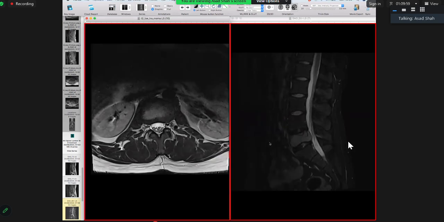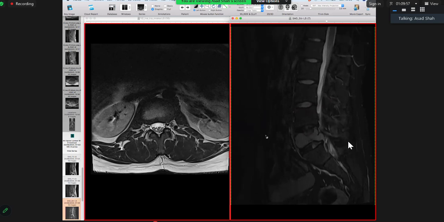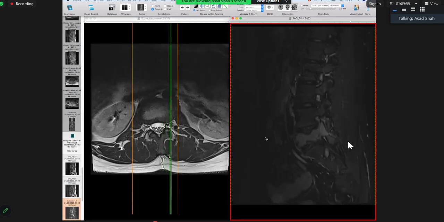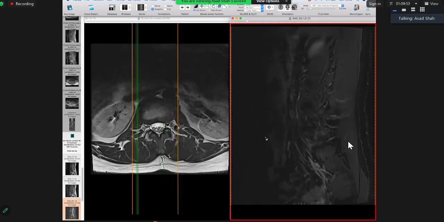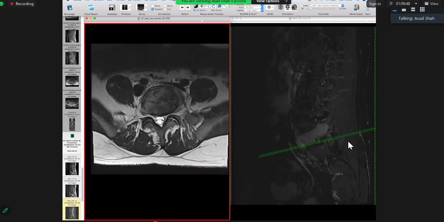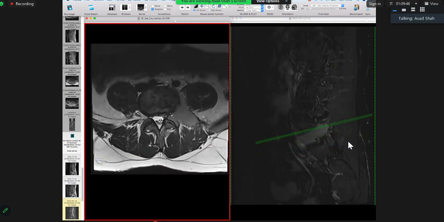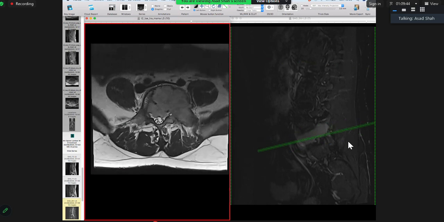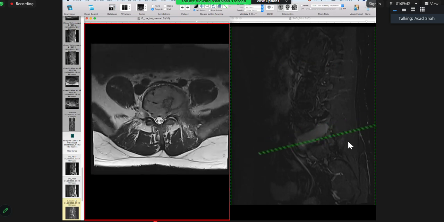Now if I magnify this for you, scroll please, on the sagittal first. You can see there. Okay, keep that image there. That's a good image.